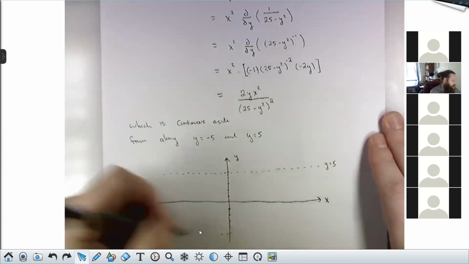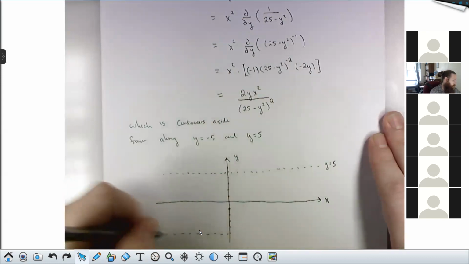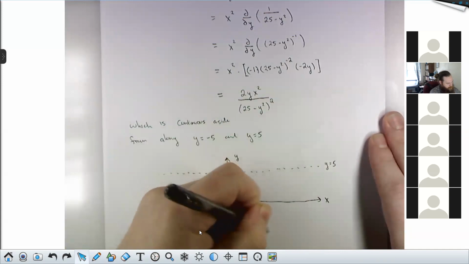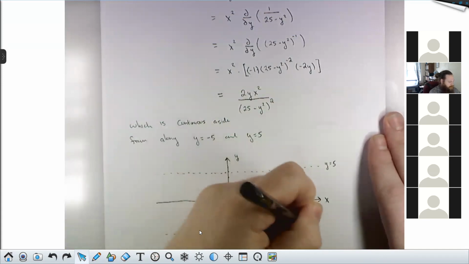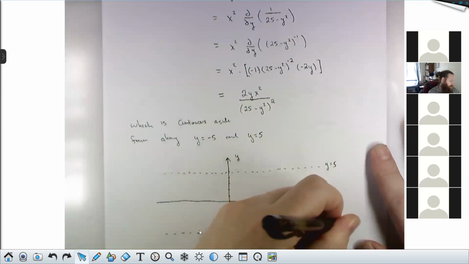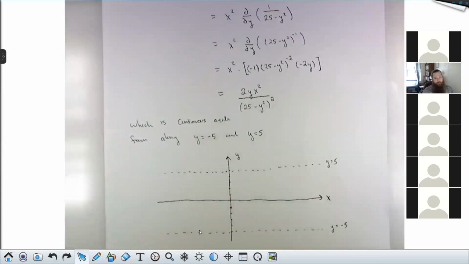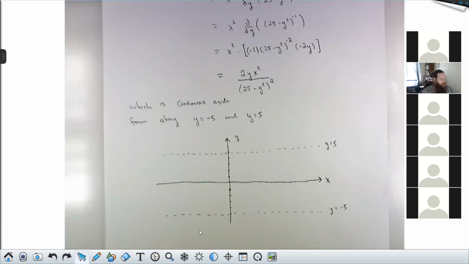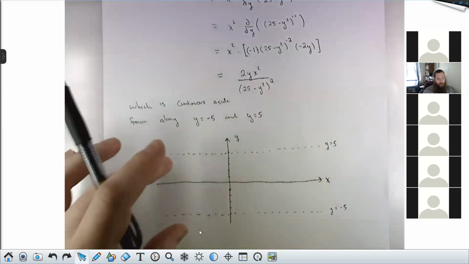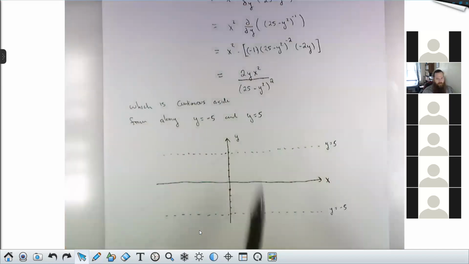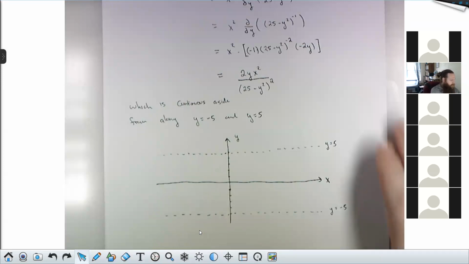Here's the line y equals -5. So if I take any rectangular region within these, like kind of within this window here between these two guys, any rectangular region that does not touch those two lines and pick my initial conditions from there, I will have a unique solution to the associated IVP. So I can take my rectangle anywhere in here.